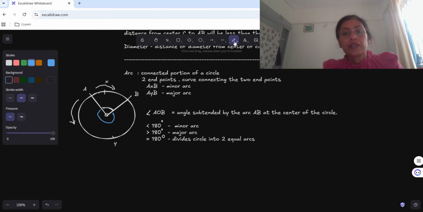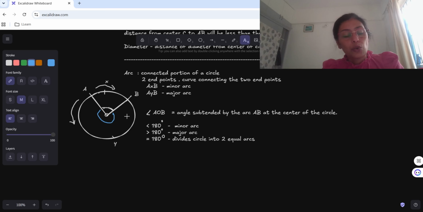So if the angle AOB is less than 180 degrees, I am talking about the minor arc side. If the angle AOB is greater than 180 degrees, I am talking about the angle subtended by the major arc at the center.